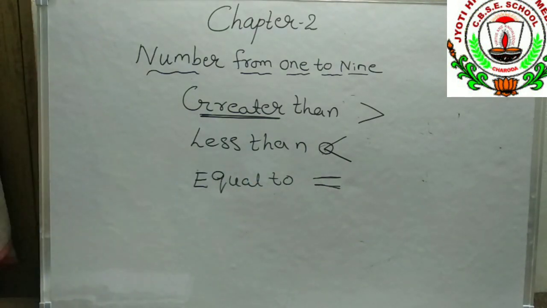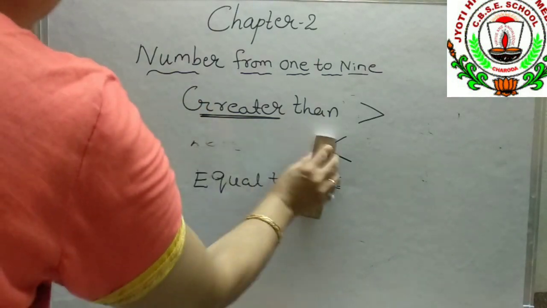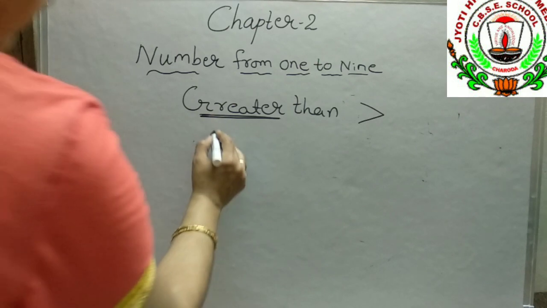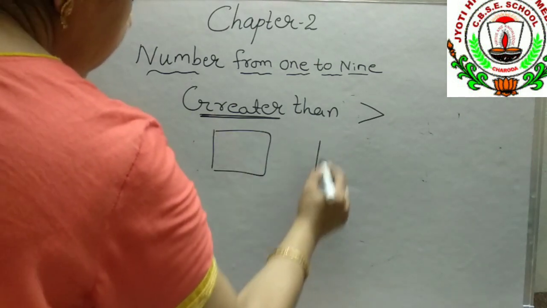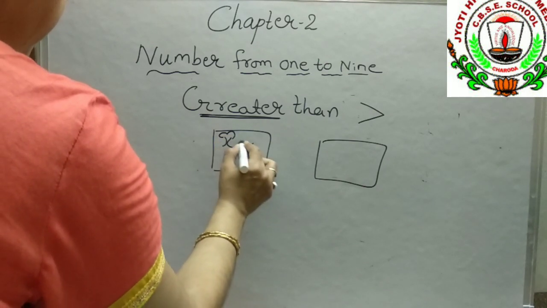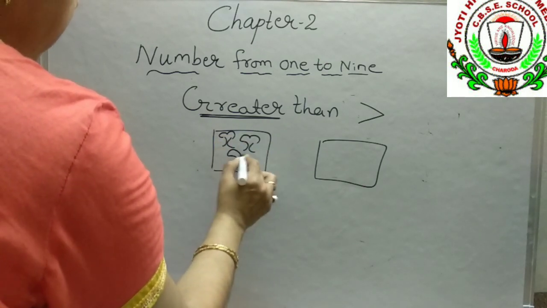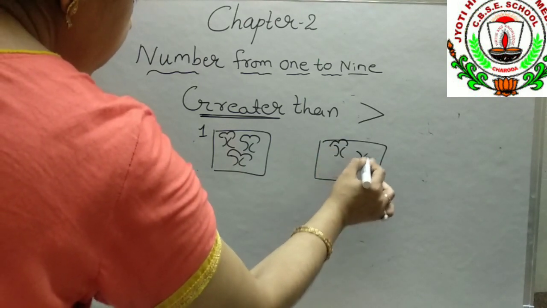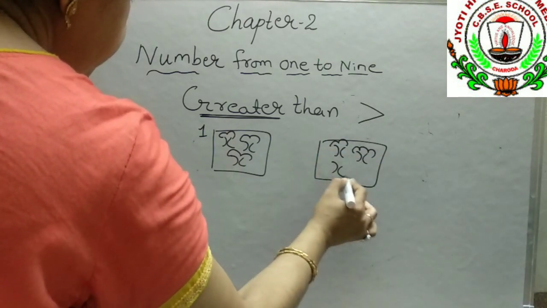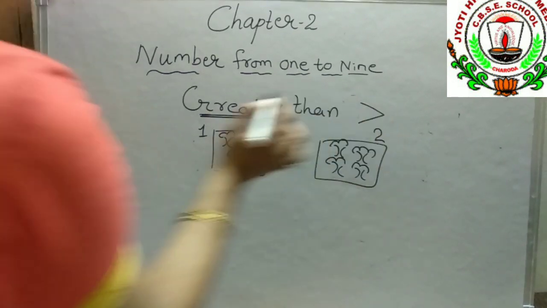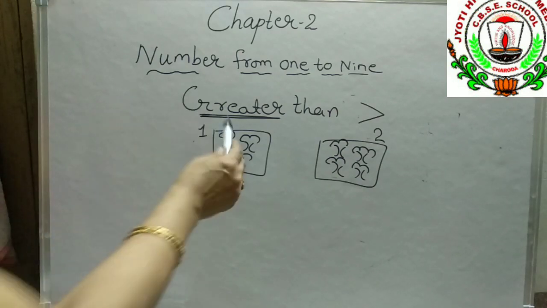Now we will see how we put the number if it is greater than. I am taking an example. I am drawing trees here. This is the first box and this is the second box. I am drawing some trees in it. So now we will compare which box has more trees, which box has greater trees.